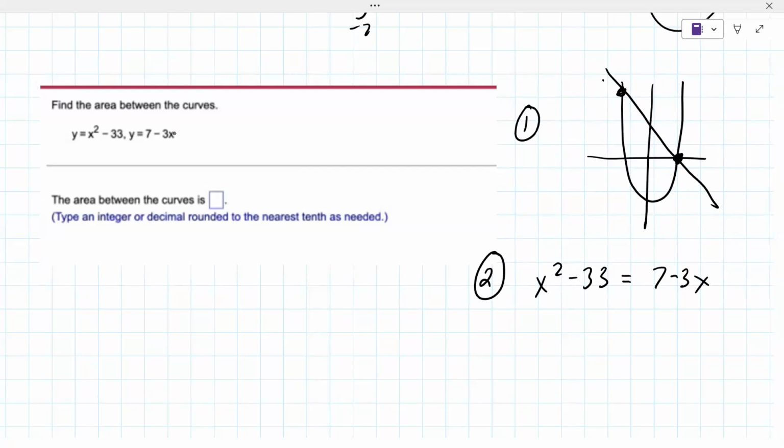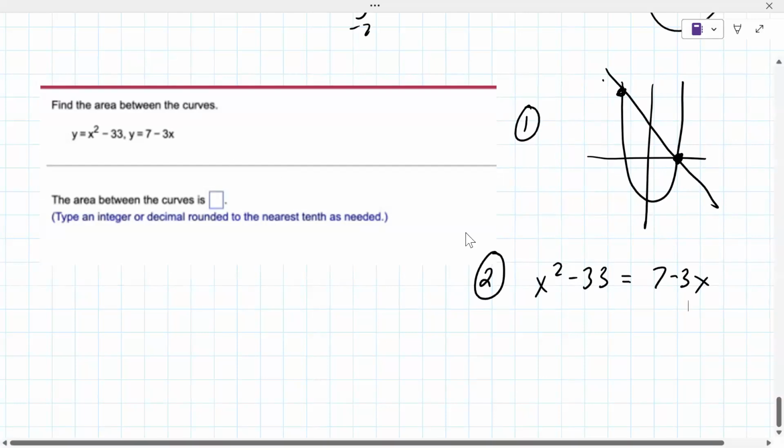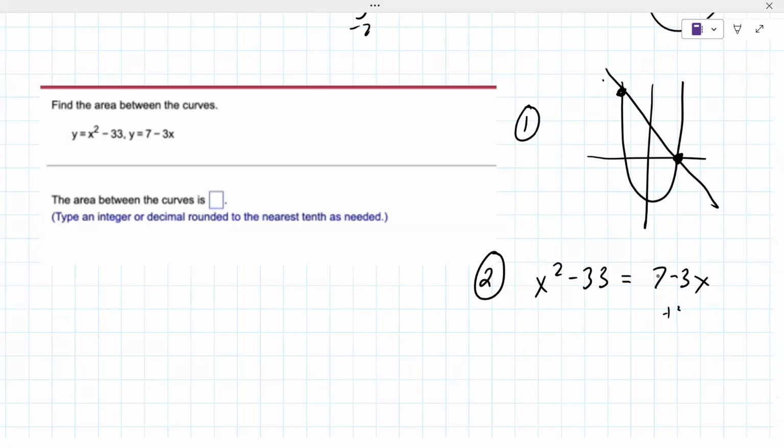Which way do you think you will do on the test? Probably the second one. You said the second one? Okay, so we'll do that together. If we add 3x to both sides and subtract 7 from both sides, we get x squared plus 3x minus 40 equals 0.